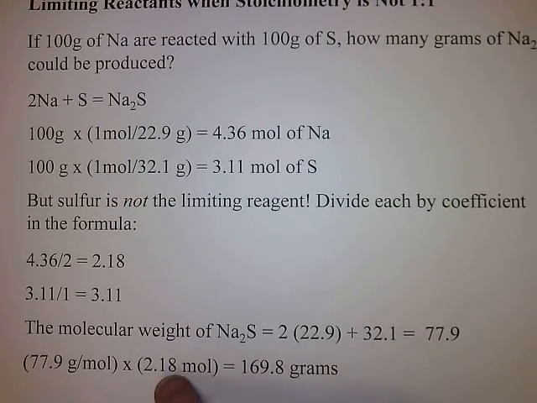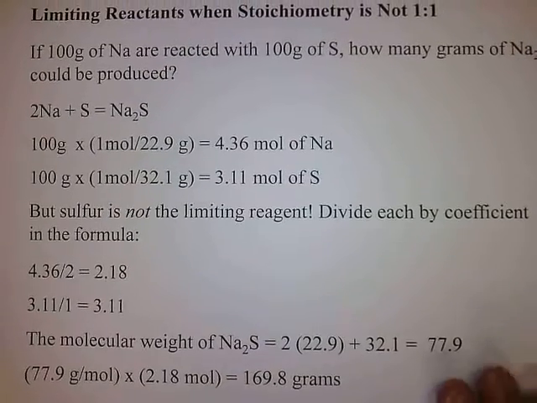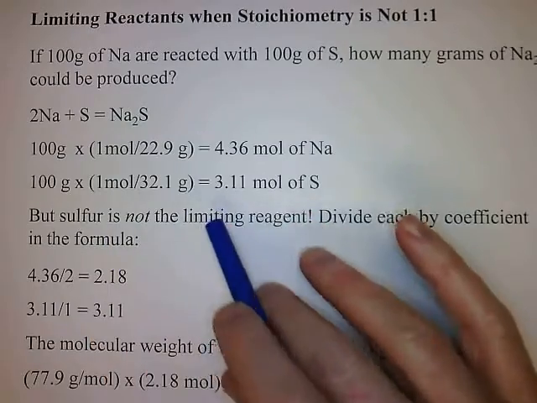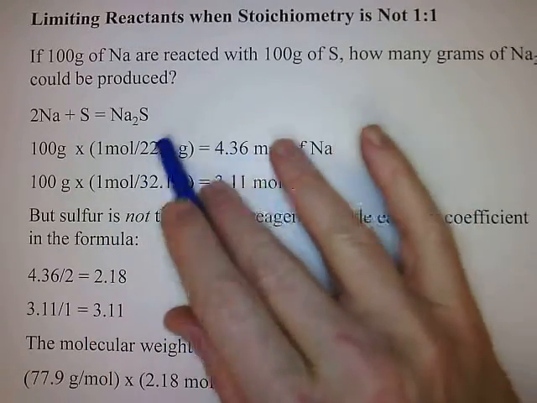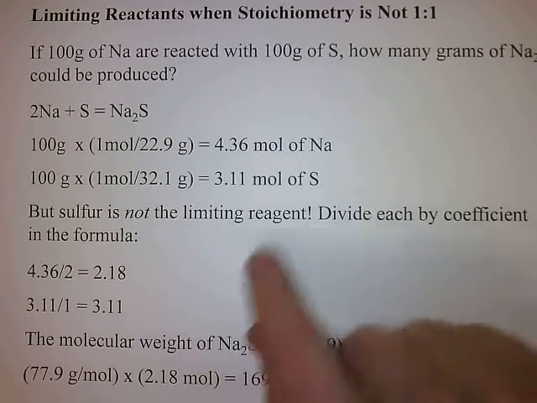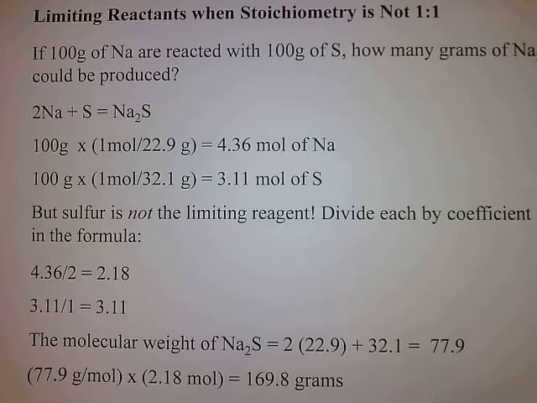We multiply that by 2.18 moles, and we find out that we can make 169.8 grams of sodium sulfide. So one more time, you take each mass and divide it by the molar mass to figure out the number of moles, but then you also have to divide by the coefficient in the formula.